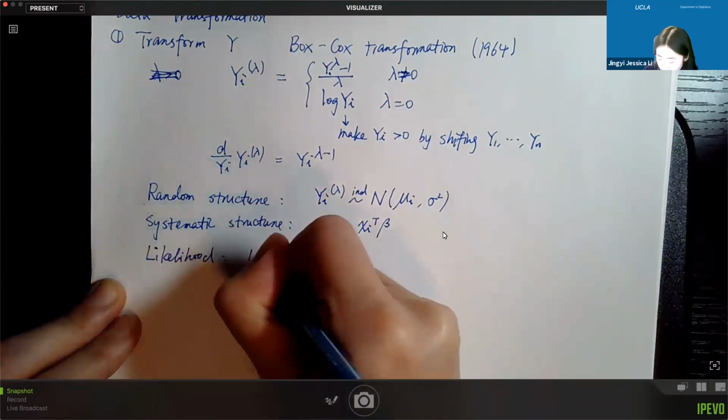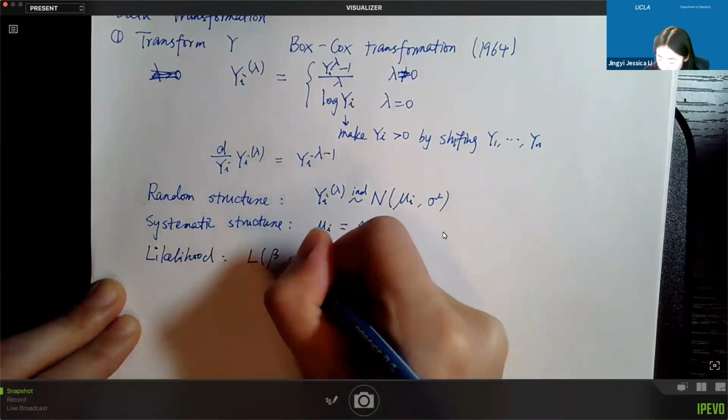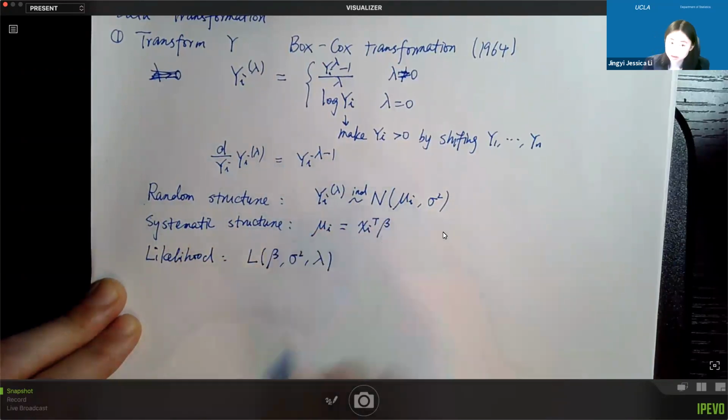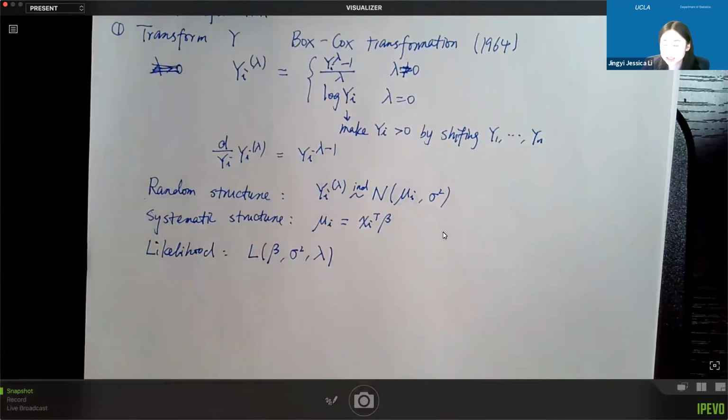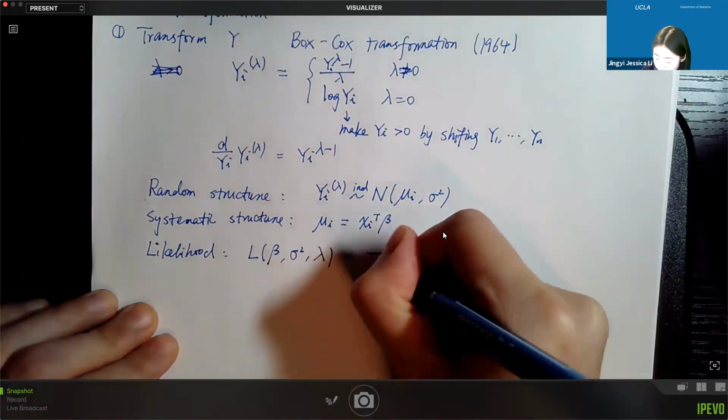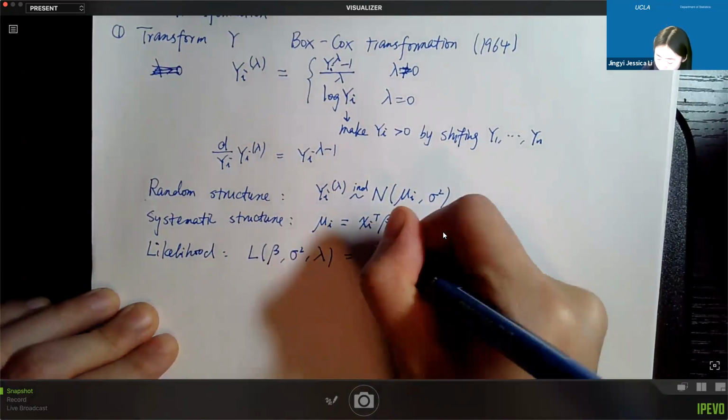Okay, I'll write it as beta, sigma squared, lambda. And we know the likelihood is defined as the joint probability density of our data given the parameters. So therefore, it's the product, i from 1 to n.